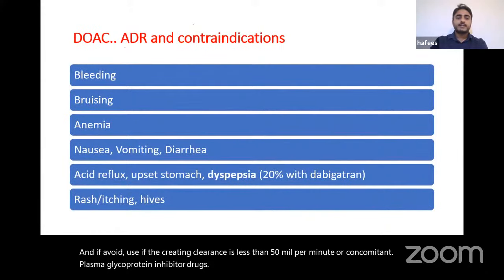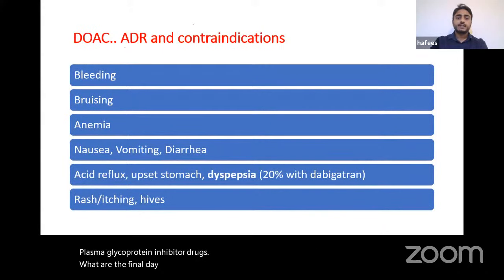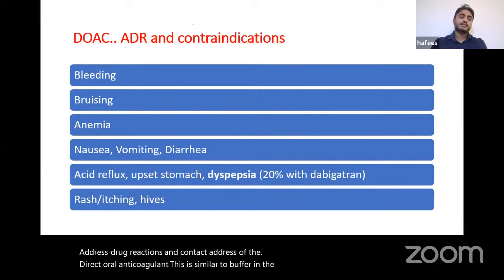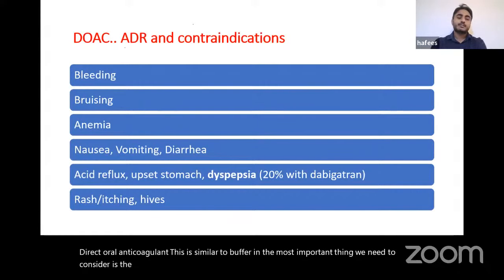So what are the adverse drug reactions and contraindications of the direct oral anticoagulants? This is similar to warfarin. The most important thing you need to consider is bleeding. So the patient has to be instructed about the signs and symptoms of bleeding, bruising, anemia.